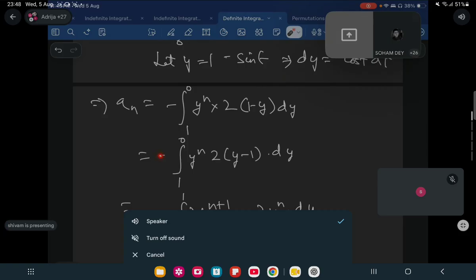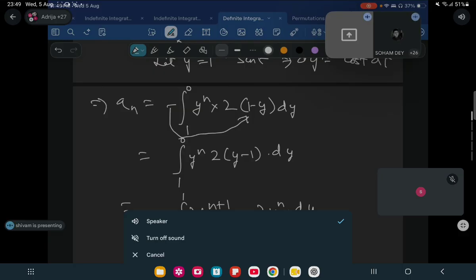Over here, this minus will not be there. When I multiplied by the minus sign, it becomes minus 1. I already took this minus inside. Okay, is it clear, Soham? Yeah, sir, I'm checking my working. Is it clear to everyone? Anyone having any doubt, you can ask me now.